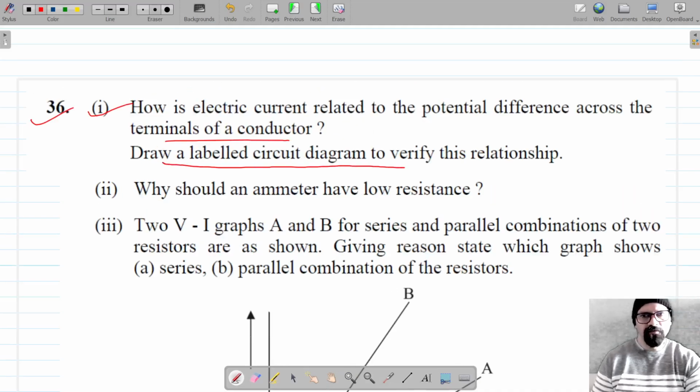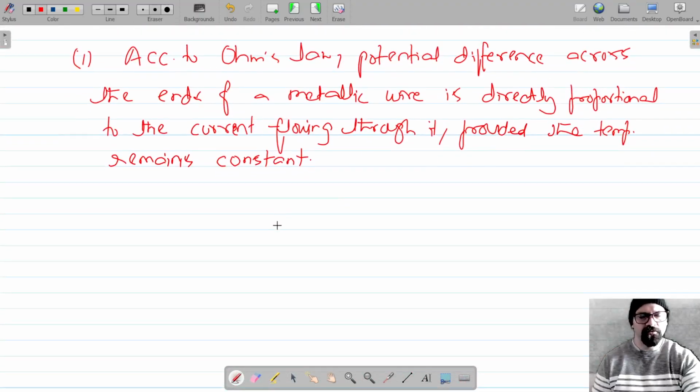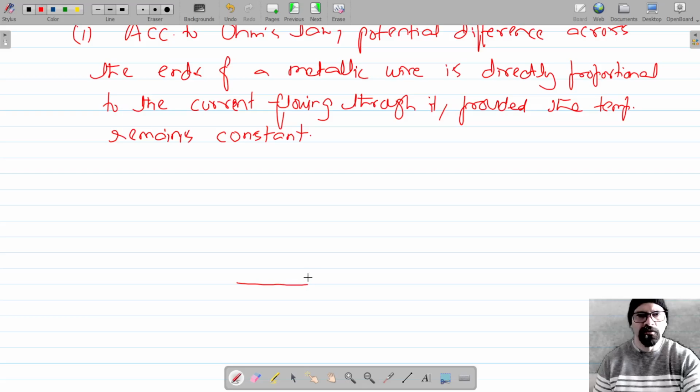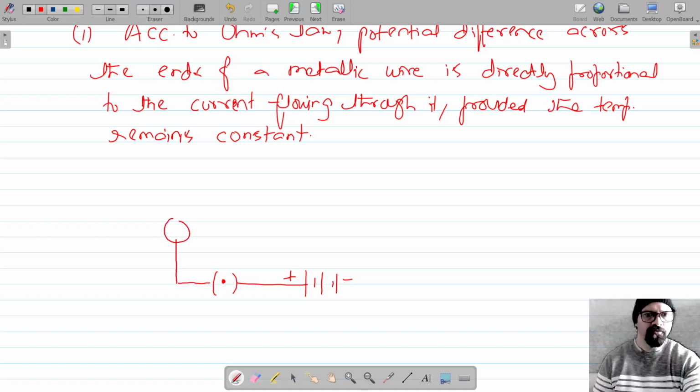Okay, now we have to draw a labeled circuit diagram to verify this relationship. Let's draw it. Let this be the battery, and to the battery let there be a key, a closed key, and let there be an ammeter connected. The positive terminal of the ammeter is connected to the positive terminal of the battery.